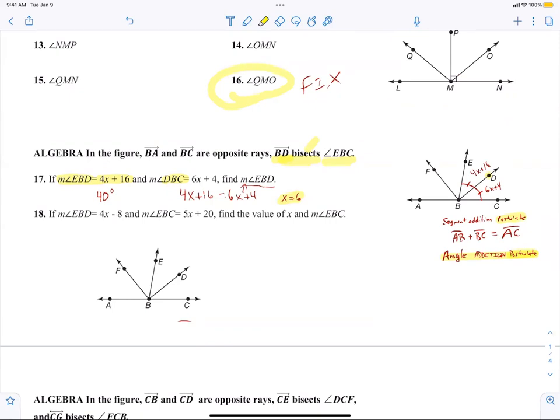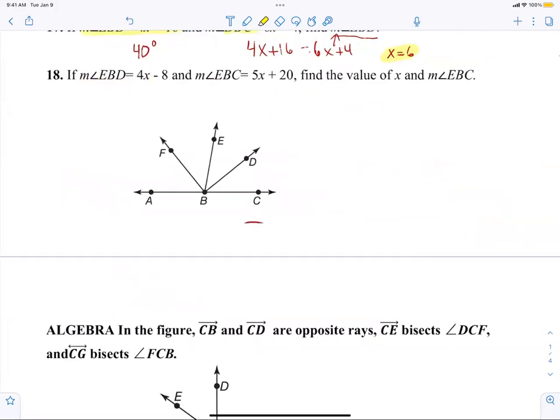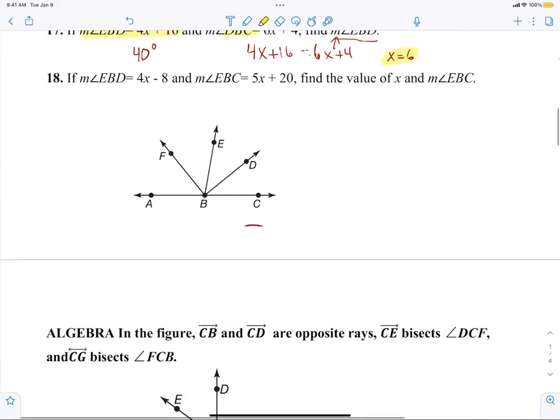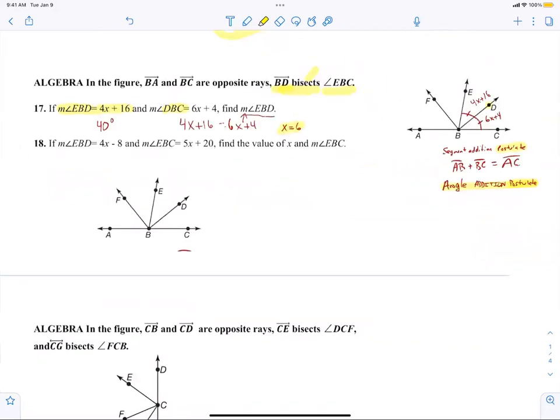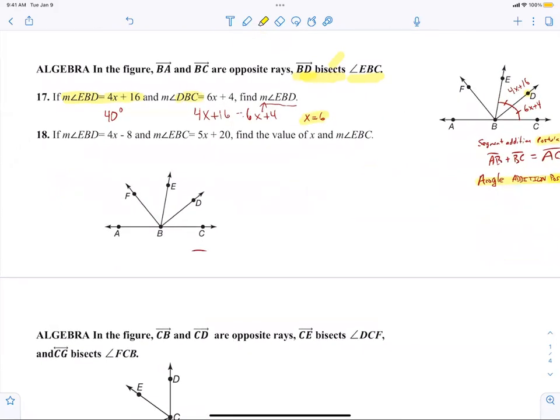All right, so now let's look at 18. Now, oh man, I left something out. No, I didn't. BD bisects EBC again. All right. I wanted to make sure that's there.